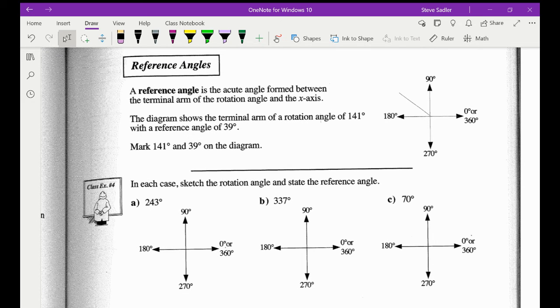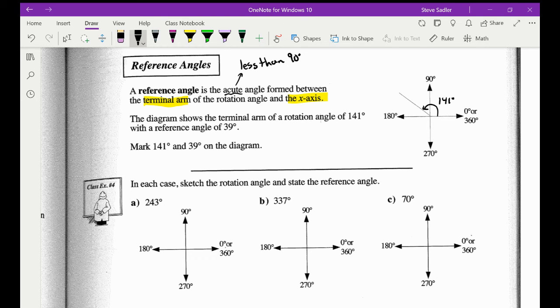The last one I want to talk about is reference angles. So our reference angle is the acute angle. So that's acute, less than 90. So it's the acute angle formed between the terminal arm and the x-axis. So for the example over here, the diagram shows the terminal arm of a rotation of 141 degrees. So that is right there, 141 degrees.